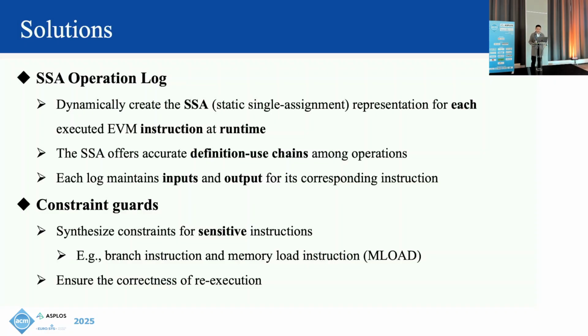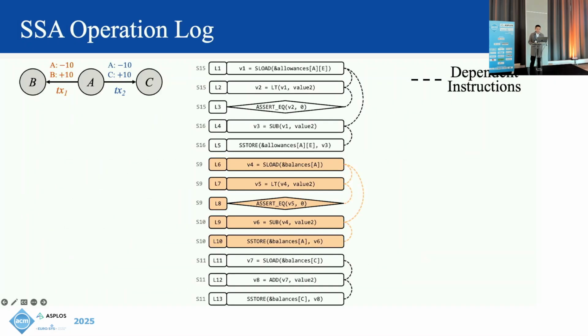During the re-execution phase, we use these guides to ensure correctness. If any of these constraints are violated, we abort the re-execution to prevent any inconsistencies. Together, the SSA operation log and constraint guides enable fine-grained, safe, and efficient partial conflict resolution.